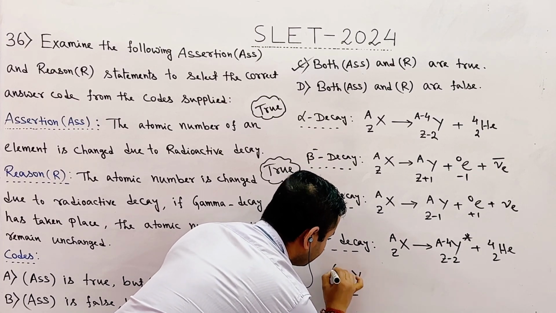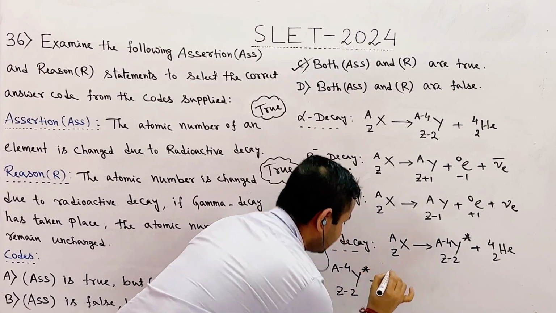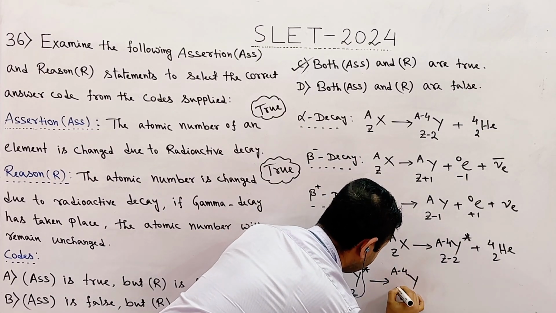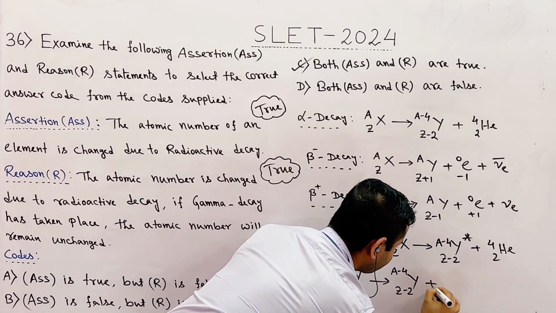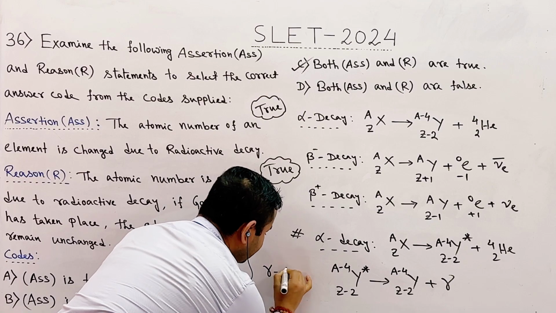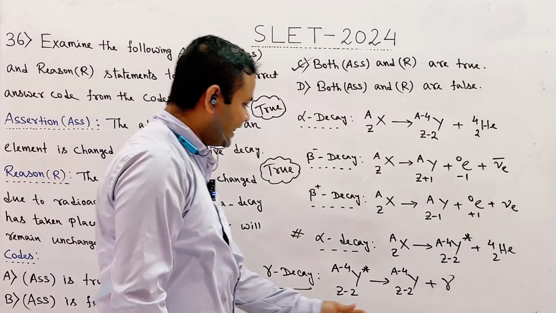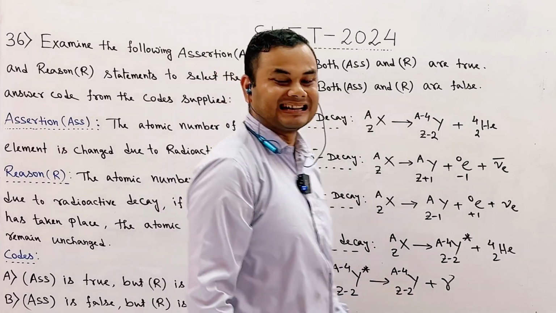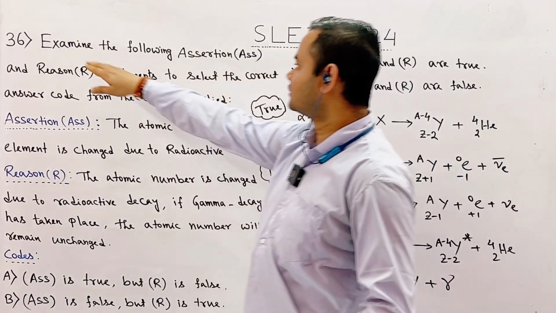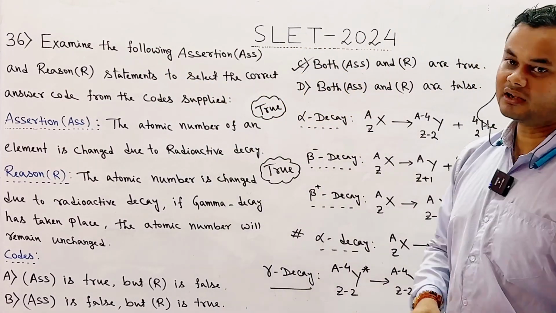Z minus 2, A minus 4 becomes Y, A minus 4, Z minus 2, plus 1 gamma photon. So we have seen that during gamma decay, the atomic number remains unchanged. So therefore, the correct answer of question number 36 is option C. Both assertion and reason are true.